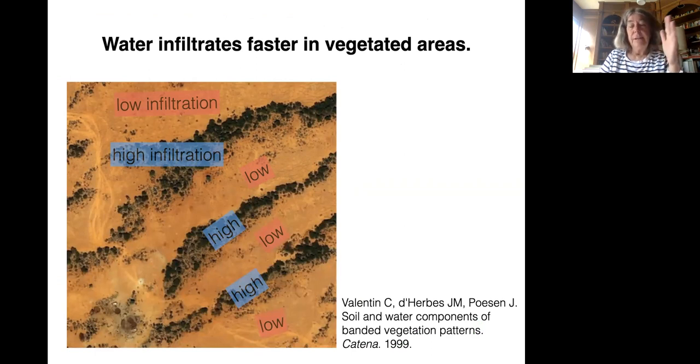You have this contrast in how the water infiltrates into the soil, depending on whether it's bare soil, where there can be a soil crust and the water just slides over the bare soil and doesn't infiltrate very much. But once it gets to the vegetation band, it slows down and can infiltrate more easily. So the regions that have vegetation end up having high infiltration, and the regions where you don't have vegetation have low infiltration. So that's a positive feedback that reinforces this.